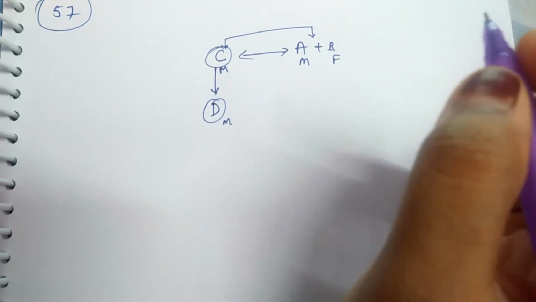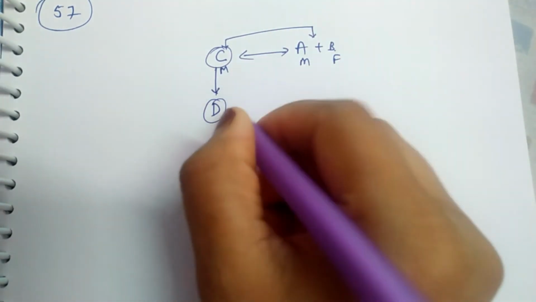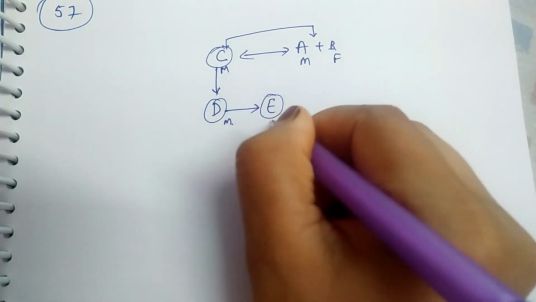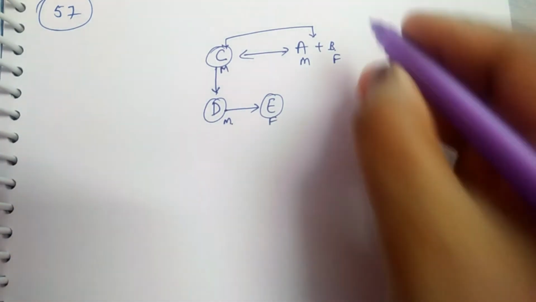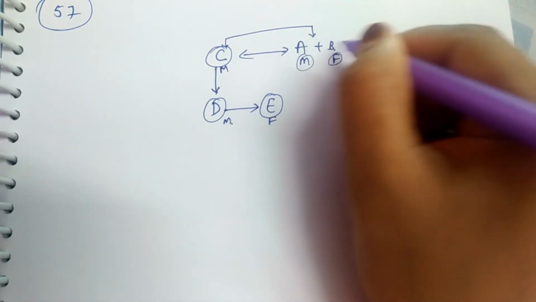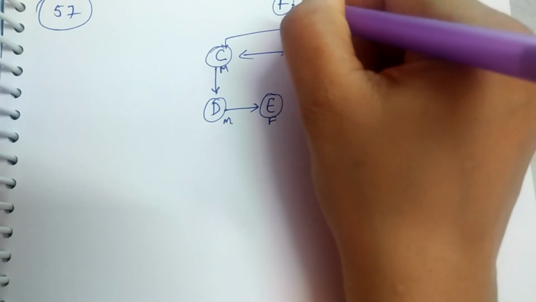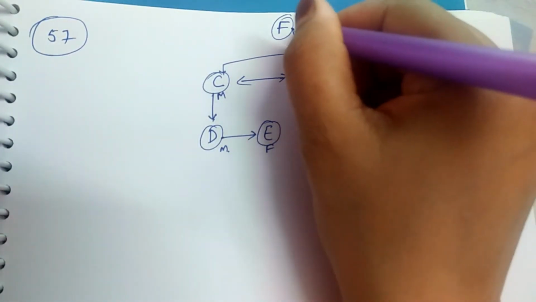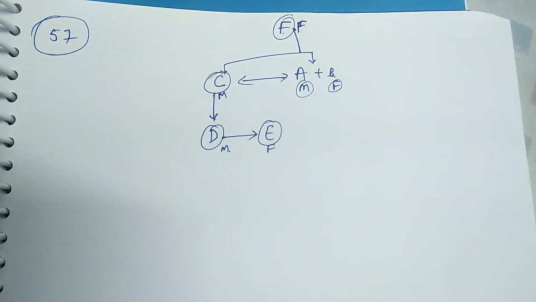Now E is the sister of D. He is the only son, but E is a sister of D. It means that she is a female. Next, B is the daughter-in-law of F. F's husband is dead, which means F is a female. Okay, she is a female.